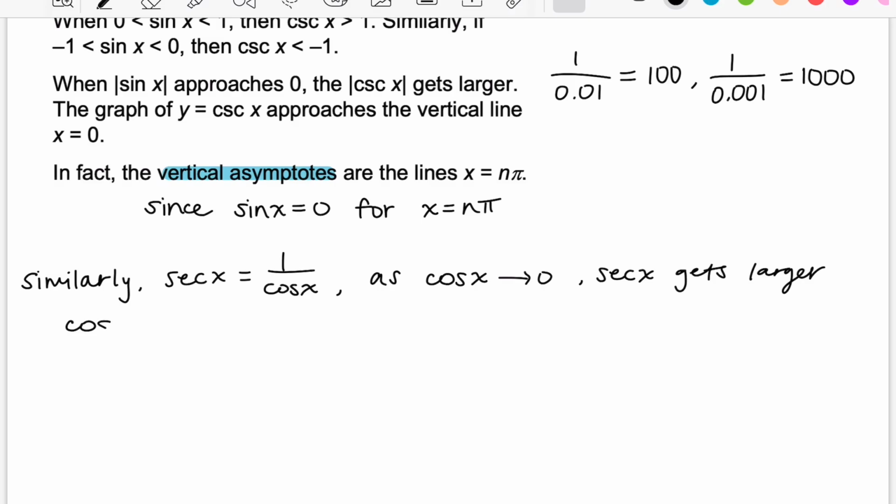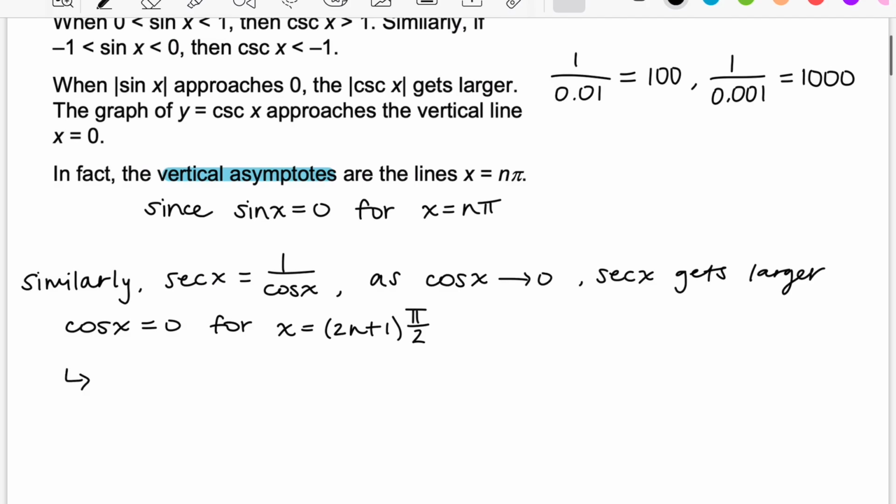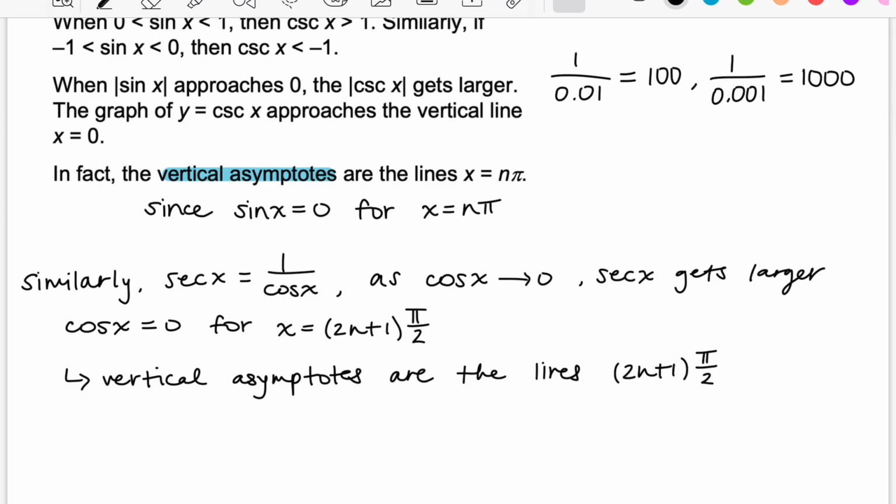And we know that cosine of x is equal to 0 when x is equal to 2n plus 1 multiples of pi over 2. So this tells us that our vertical asymptotes are going to be the lines here.